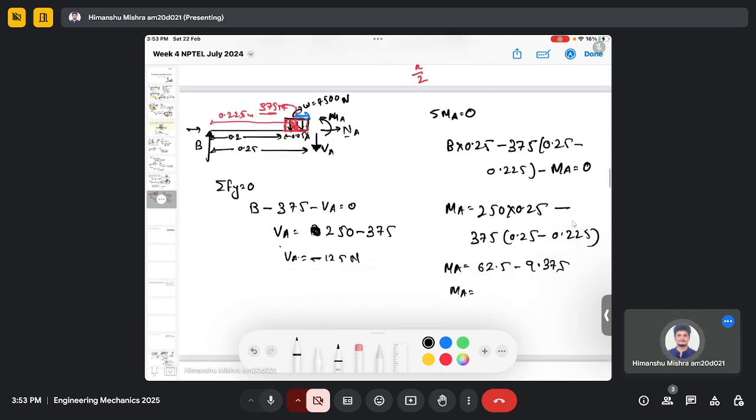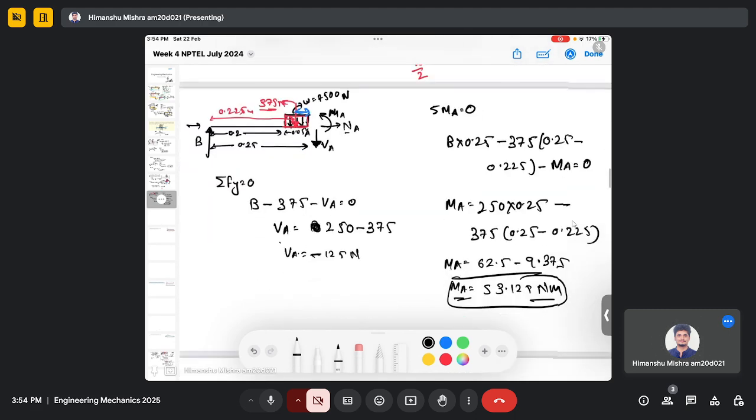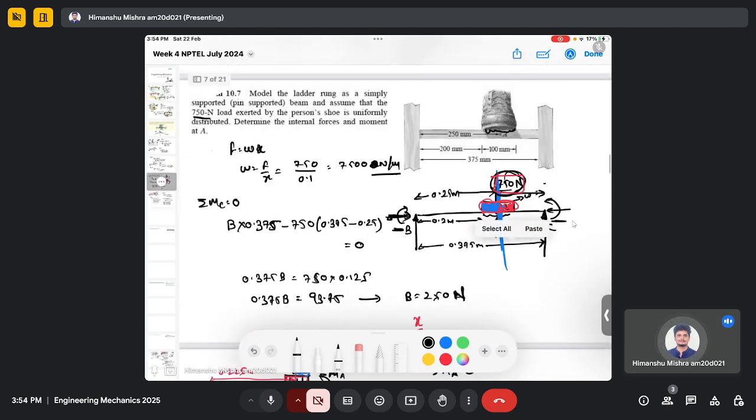MA will be 53.125 Newton meter. So this will be my moment, and this will be my shear force at this point A.